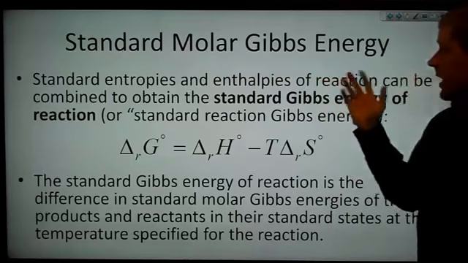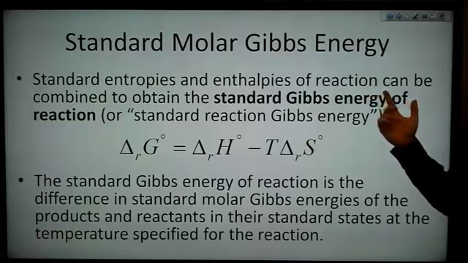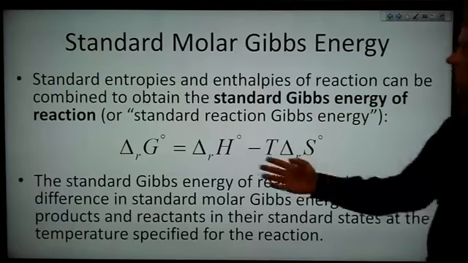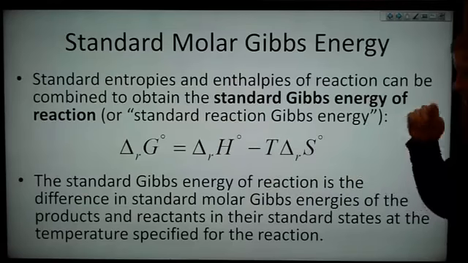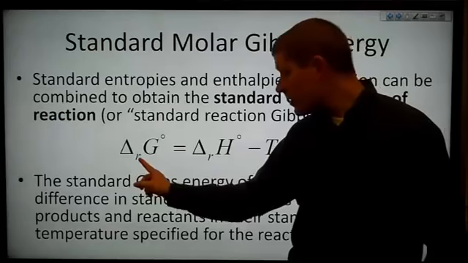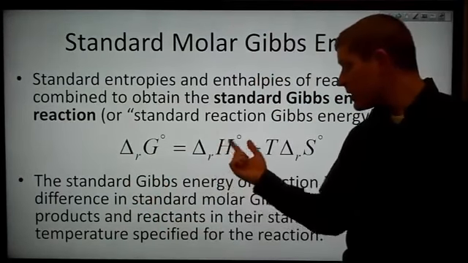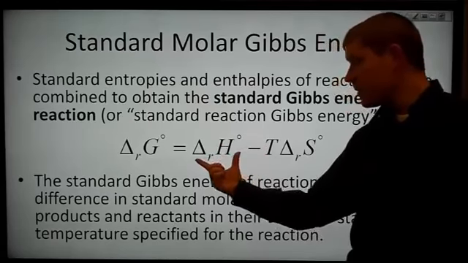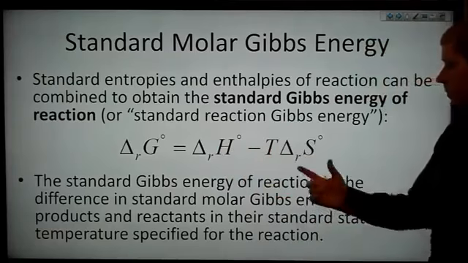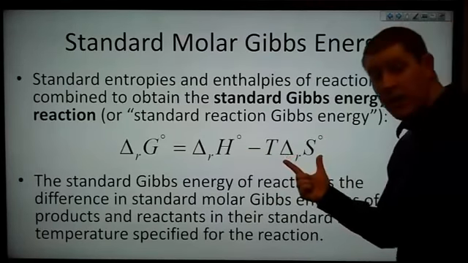Okay, so now let's turn to standard molar Gibbs energies. Standard entropies and enthalpies of reaction can be combined to give us a standard Gibbs energy of reaction, or standard reaction Gibbs energy. So we have the standard reaction Gibbs energy is equal to the standard reaction enthalpy minus temperature times the standard reaction entropy.